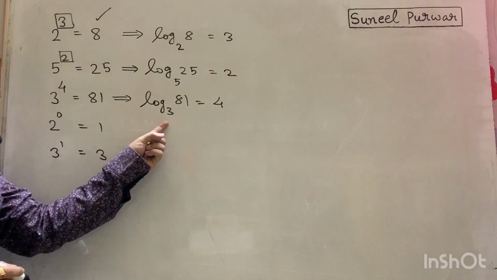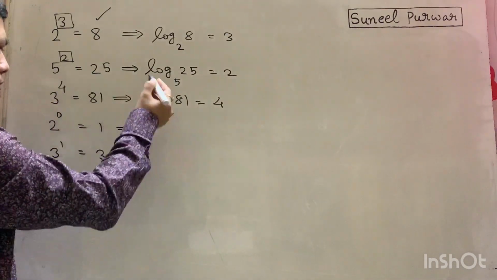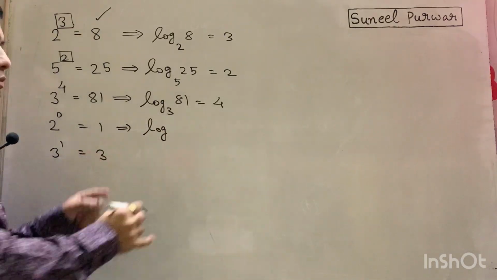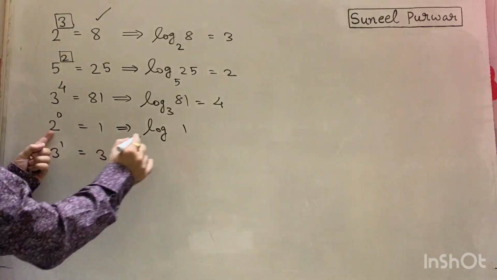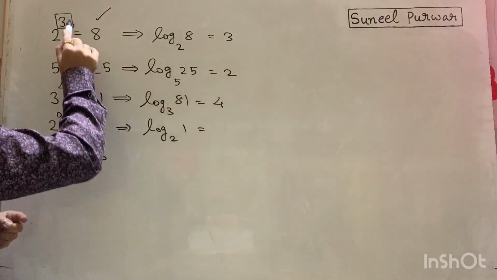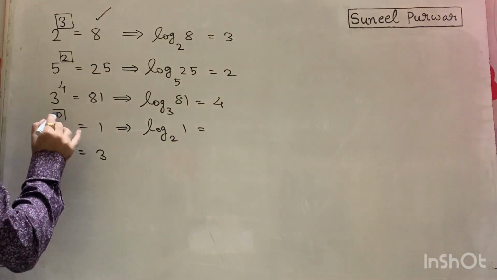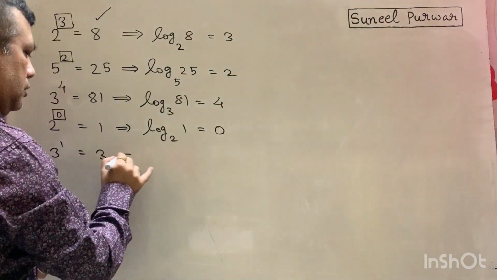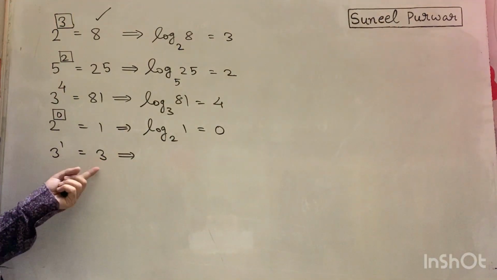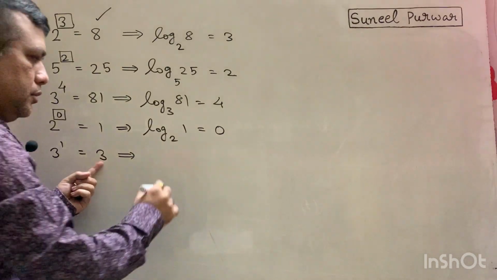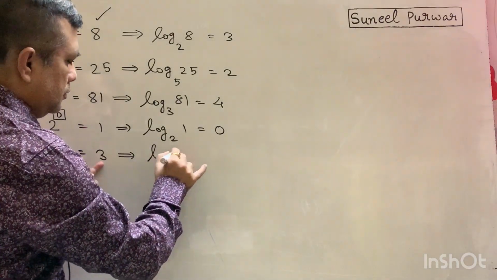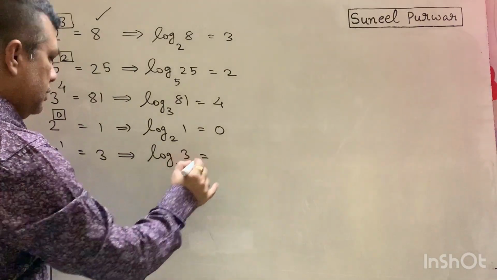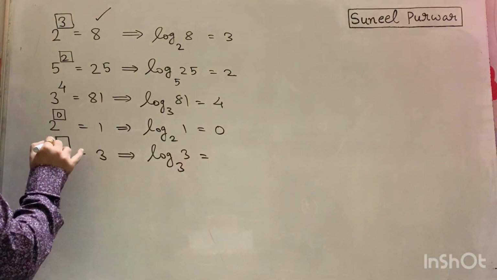Same base you have to take. Further, log of 1 to the base of 2 equal to, what is the number over here? 0. And in a similar way, log of 3 at the base 3 equal to exponent, which is 1.